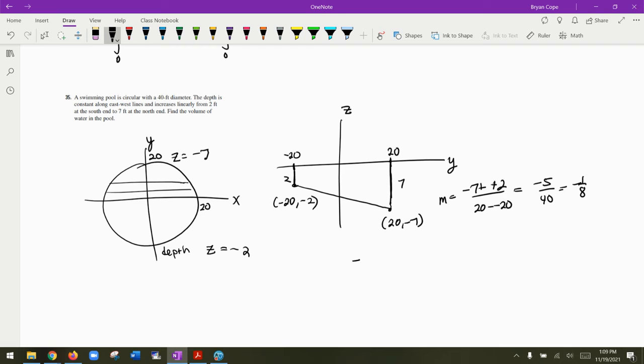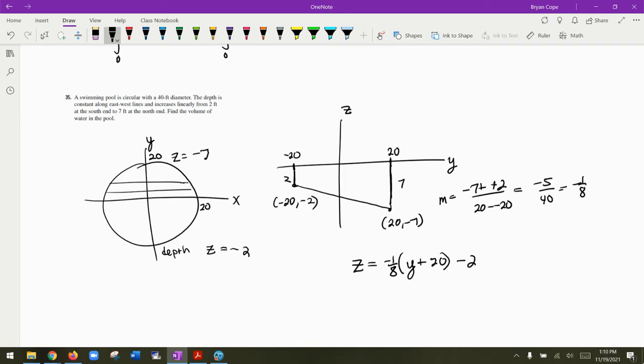So the equation of this plane is z equals -1/8 times y plus 20 minus 2. Yes, that'll work fine.